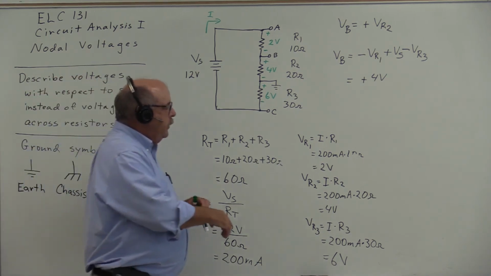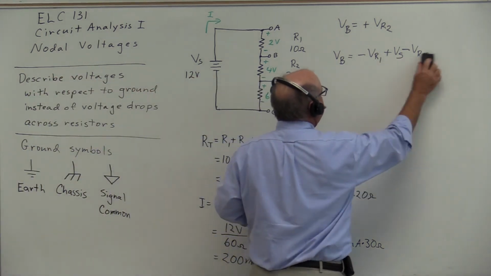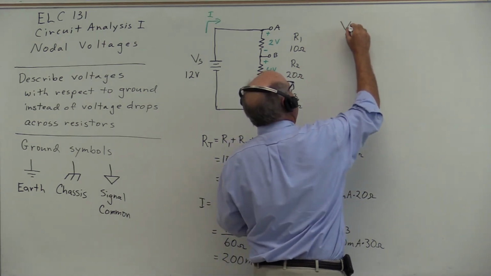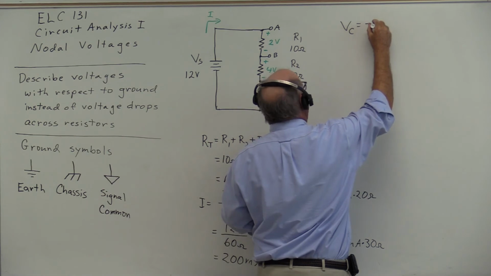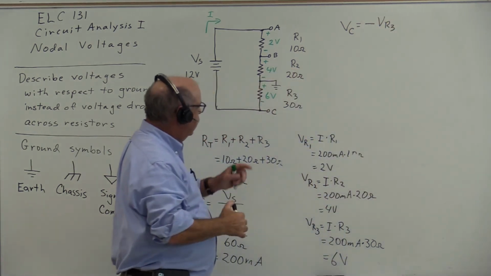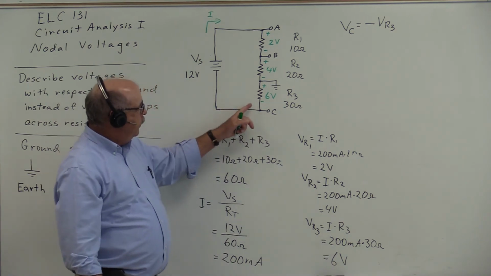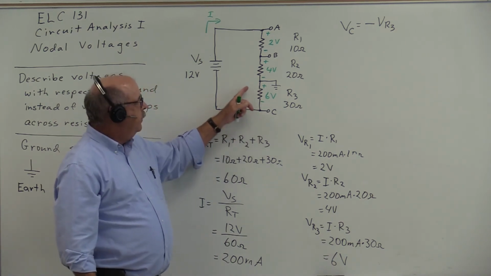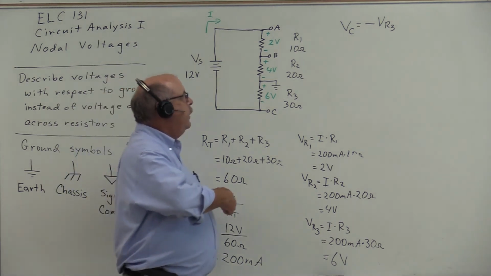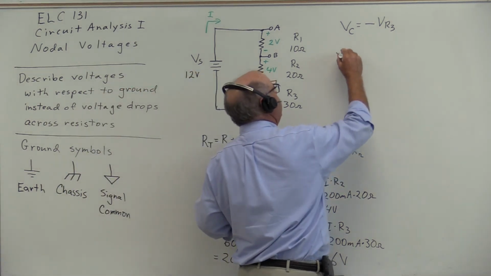Now the voltage at node C equals negative VR3, because from C to ground, the voltage is negative with respect to the ground point. Now, again, I can certainly go in the other direction.